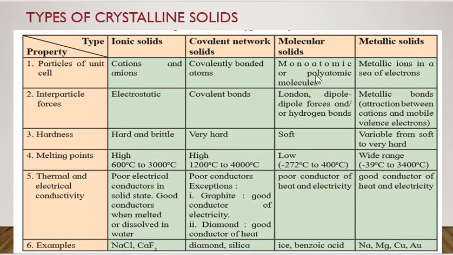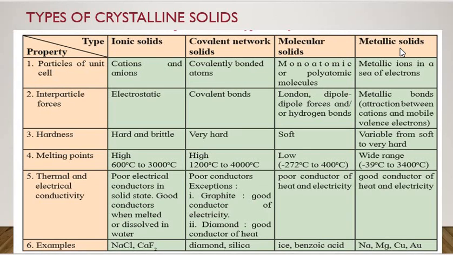Next is metallic solids, or metallic crystals. Metallic crystals are crystalline solids formed by atoms of the same metallic element, and they are usually held by metallic bonds. In solid metal, the valence electrons are delocalized over the entire crystal, leaving behind charged metal ions.